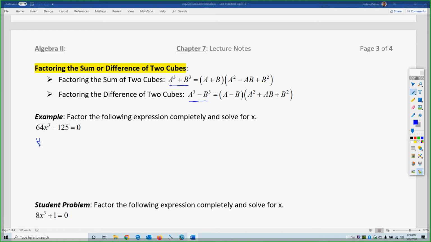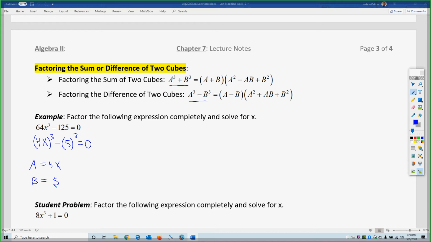So that's 4x to the third minus 5 to the third equals 0 if I rewrite that, because again, they're both cubic numbers. So that means A is 4x and B is 5, right? Because A and B are the base numbers. It needs to be something that's cubic, which they are, to get the original problem back.